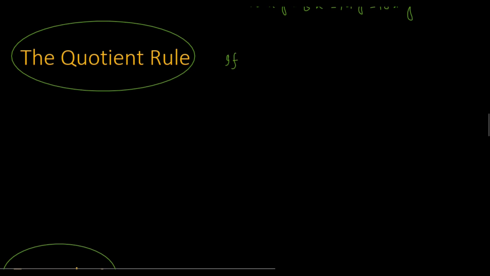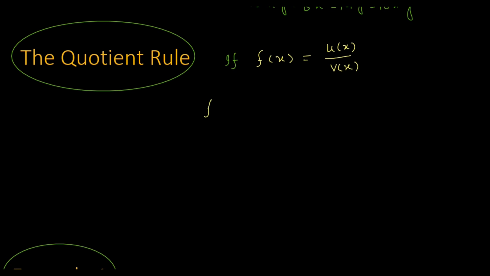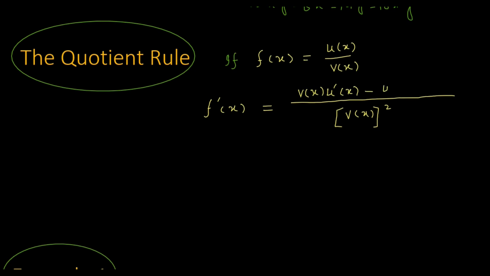If f of x is equal to u of x divided by v of x, then f prime of x can be written as v of x square in the denominator, and in the numerator v of x as it is and derivative of u of x, minus u of x as it is and derivative of v of x.